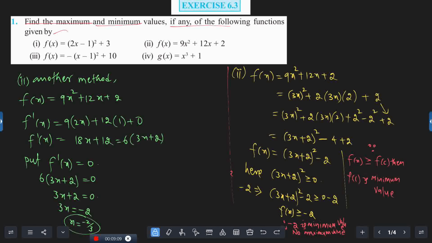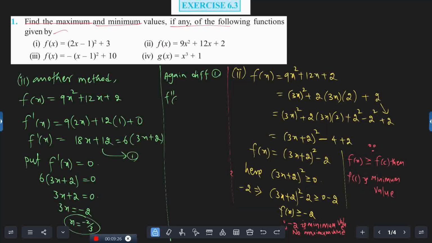Let me go by theorem 4, the second derivative test. Differentiate the first derivative again.